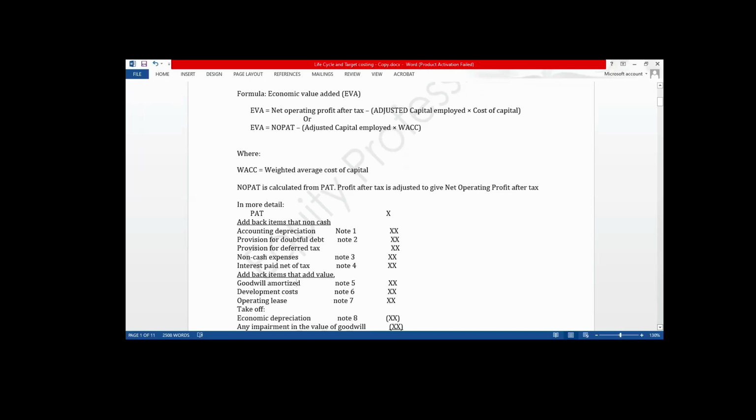Research and development cost. If a company should engage in research and development, that research and development will create value to the business. So you are not supposed to deduct the cost incurred at once. The cost should not be treated as an expense at once. You are going to add back development and research costs.